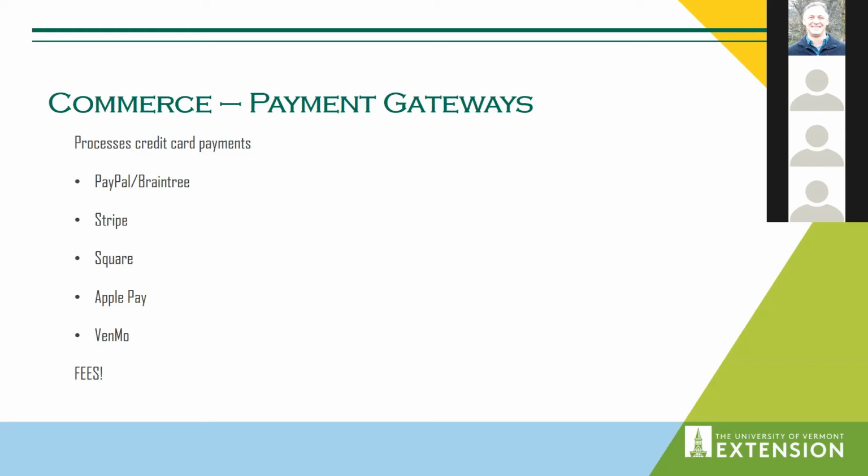I'm not 100% sure about how to utilize Venmo online on a website, but at farmers markets and other gatherings where people are selling their products, using Venmo has increased sales for a lot of agricultural entrepreneurs that I speak with. And when you're looking at all of this, really make sure that you're understanding what fees these gateways are charging you, and they will be very blatant. So make sure that you're taking that into consideration.